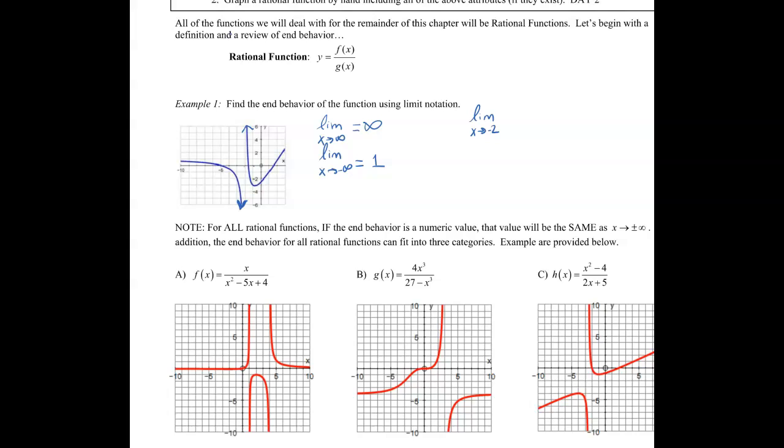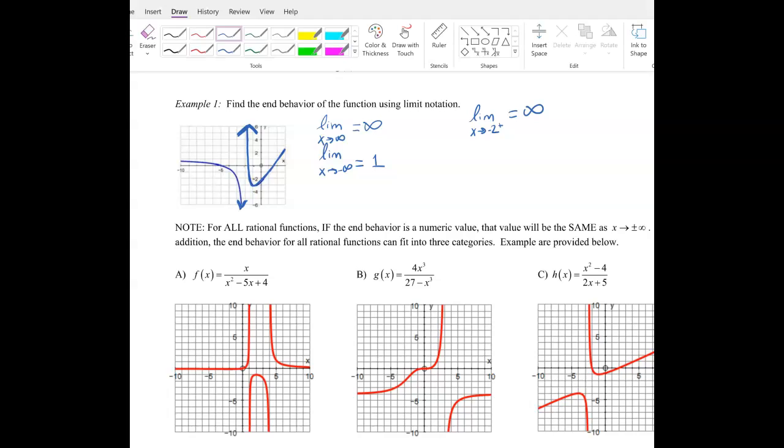But at -2, I'm approaching from two different sides. So how I indicate that I am approaching the right-hand side, I am actually going to use a little plus to say, hey, I am coming in from the right. Well, as I'm coming in from the right, I'm using this piece of this function. And then coming from the right, I'm going to keep going up and up and up forever. So that would actually be towards positive infinity.